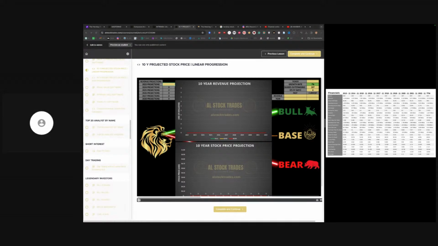This is TTM, it hasn't updated yet. It's 11,165. So put it here, 11,165. Now, free cash flow, let me make sure. Yeah, we're good on the free cash flow. So by doing this, you see the 10-year projection here at 7%.